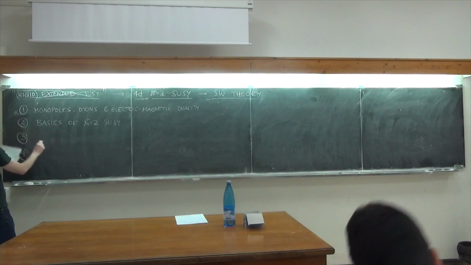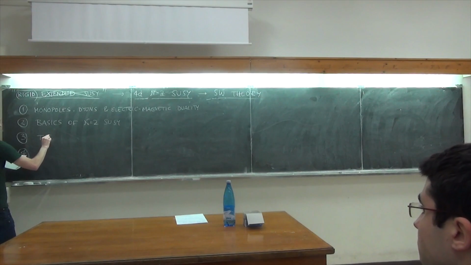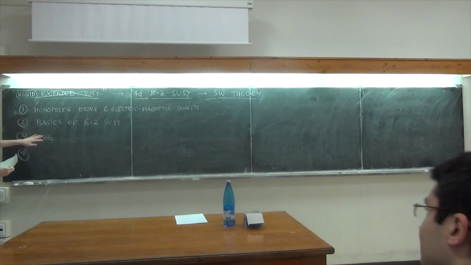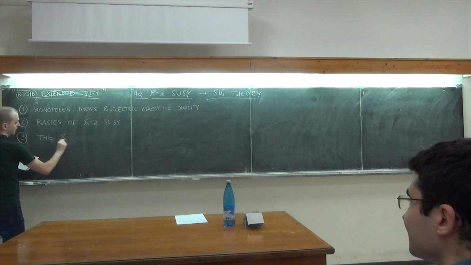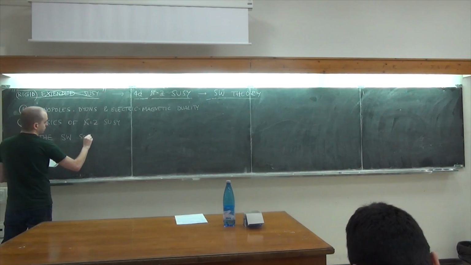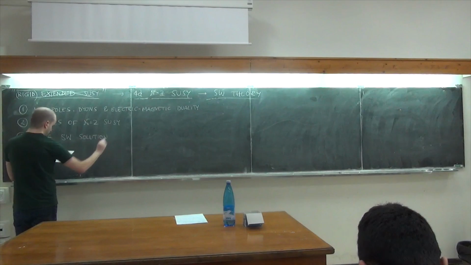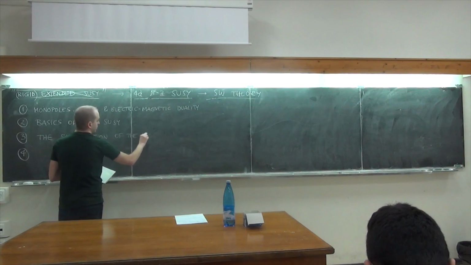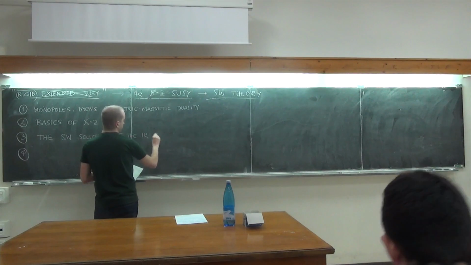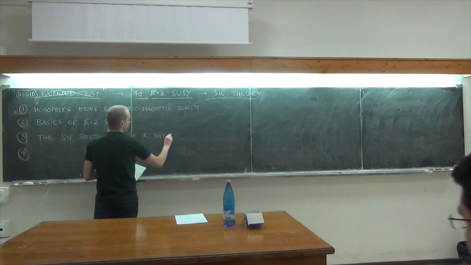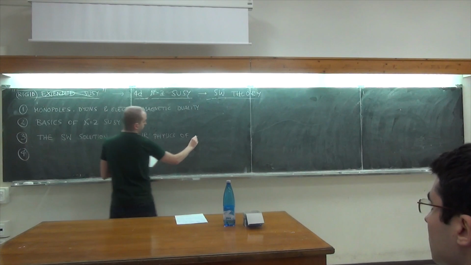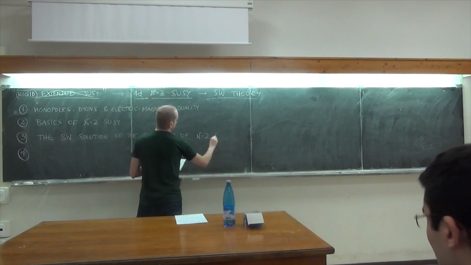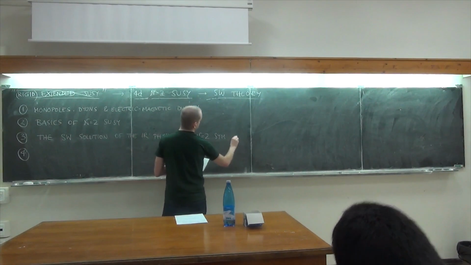In the third part of the course, which is the core of the course, I will describe the Seiberg-Witten solution of the infrared physics of N=2 super Yang-Mills theory with gauge group SU(2).